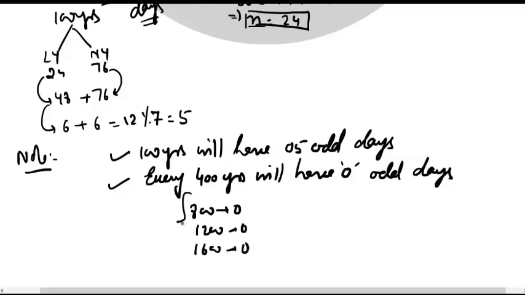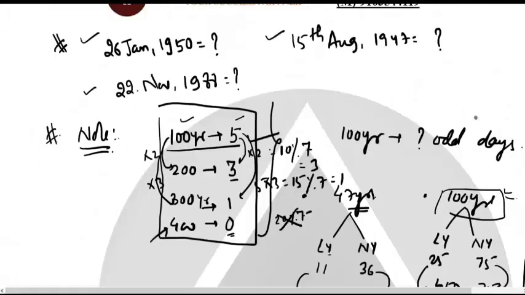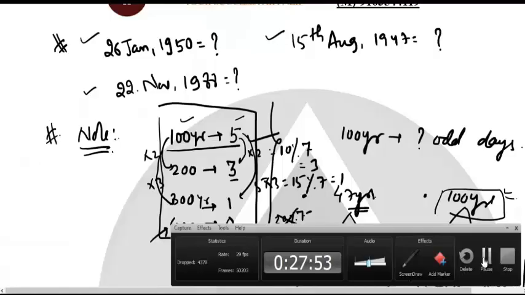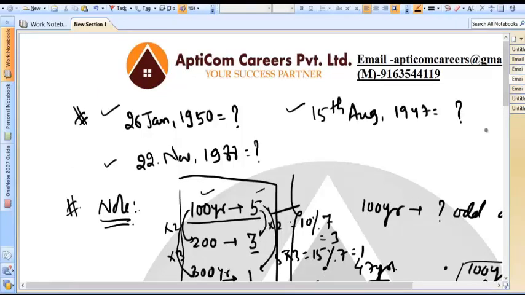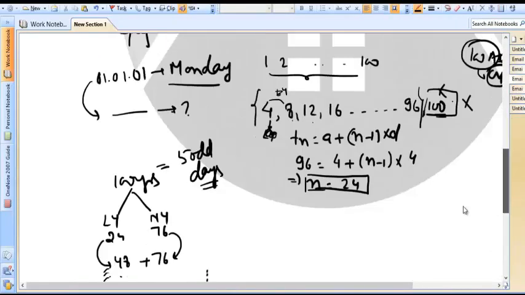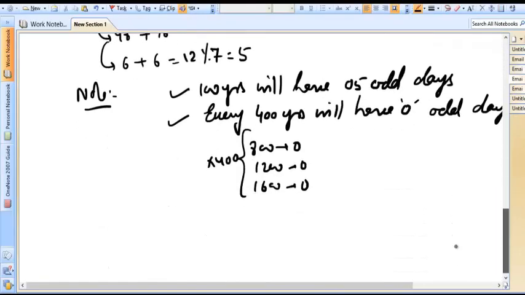So all these are multiples of 400. Hope you understand that every 400 years will have 0 odd days and every 100 years will have 5 odd days. This is very important.